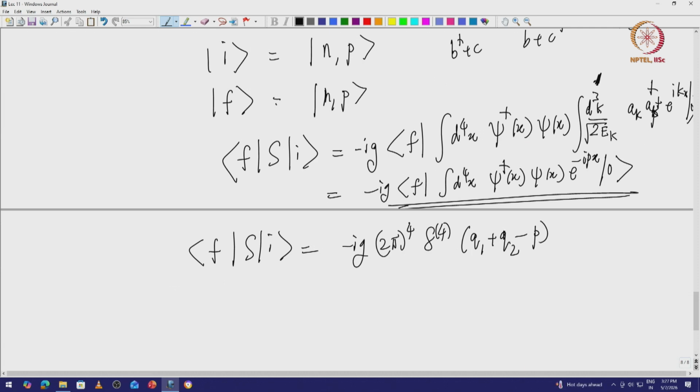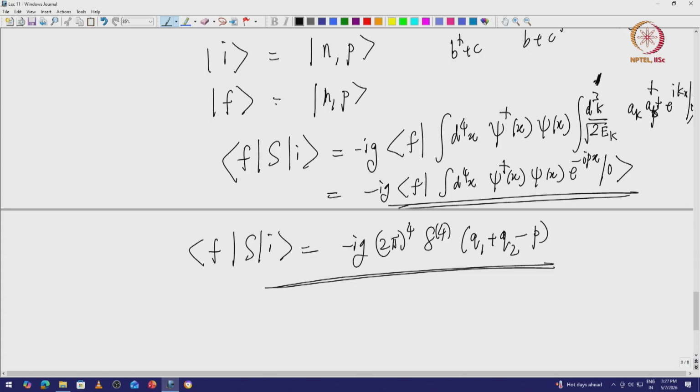So you end up having just a delta function. This is just telling you that the momenta should be conserved. The 4 momenta should be conserved essentially.